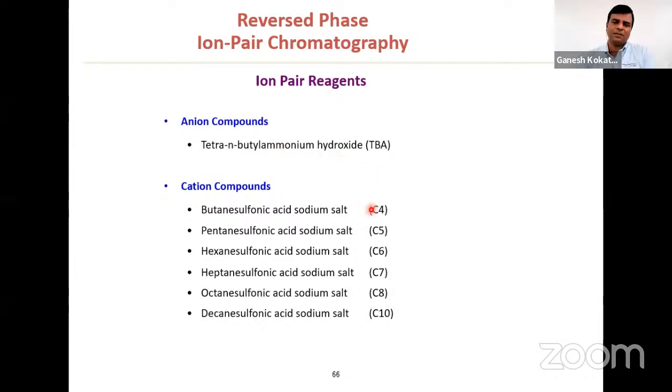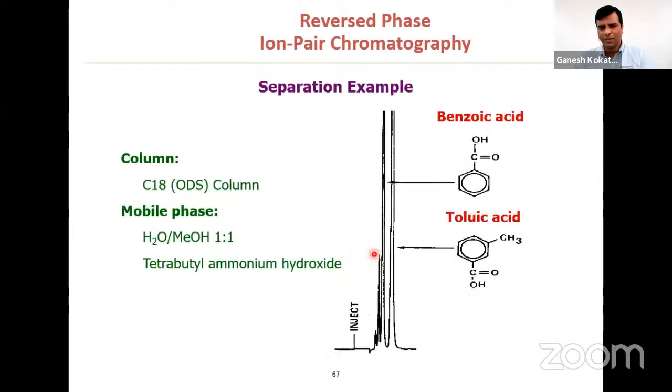Then some of the salts we call sulfonic acid sodium salts, either butane, pentane or hexane, depending on the carbon chain. We have cation exchange ion pairing reagents. So normally we use heptane or hexane sulfonic acid sodium salt to increase the polarity of a component. How do those play a role in method development?